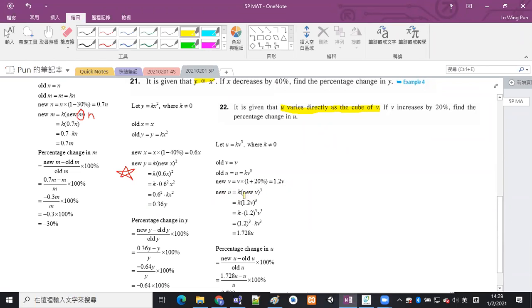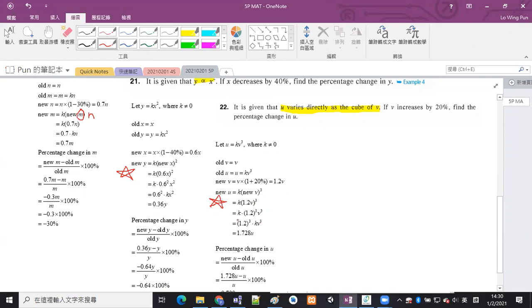And the new u is equal to k times the new v cubed. Again, please be very careful at this step, because the new v is changed to 1.2v, but the new v is inside the cube. So the 1.2v is also inside the cube, which means that the 1.2 can share the cube, and at the same time, the v can also share the cube.